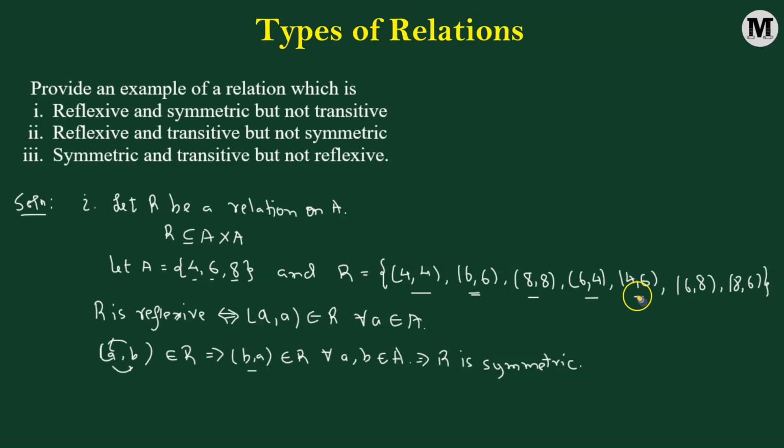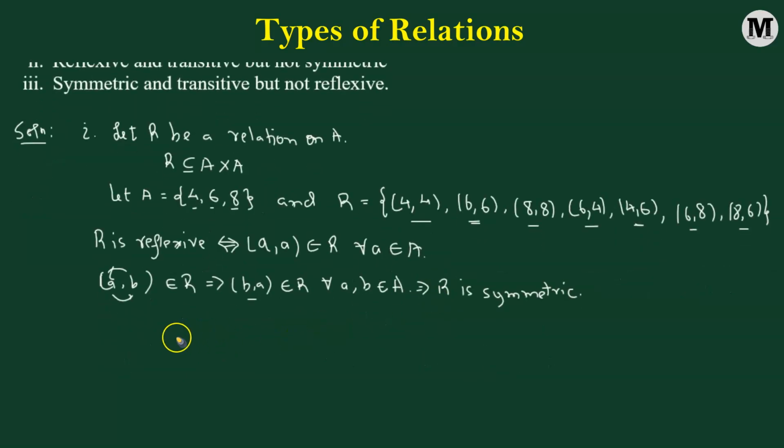Or we can go the other way around. If we pick up the ordered pair (4, 6) present in the relation R, then (6, 4) must also be present, and we see that it is definitely present. Then if we consider the last 2 ordered pairs, if we have (6, 8), then (8, 6) is present, or if we consider (8, 6), then (6, 8) is also present in the relation. So here clearly R is a symmetric relation.